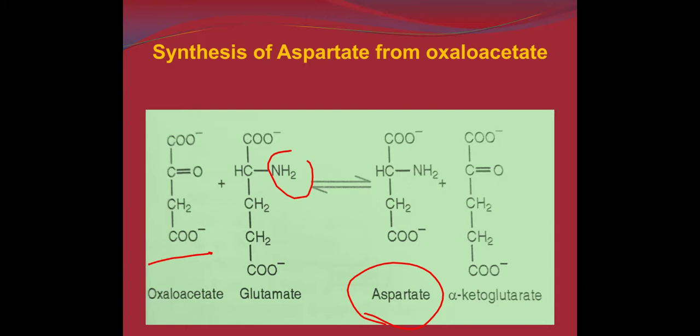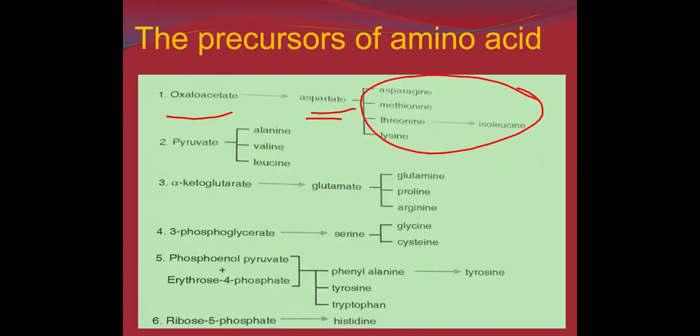The aminotransferase has a prosthetic group pyridoxal phosphate, abbreviated as PLP. This pyridoxal phosphate is a derivative of pyridoxine, which is vitamin B6. Aspartate is utilized in the formation of 5 other amino acids, and these are asparagine, methionine, threonine, lysine and isoleucine.